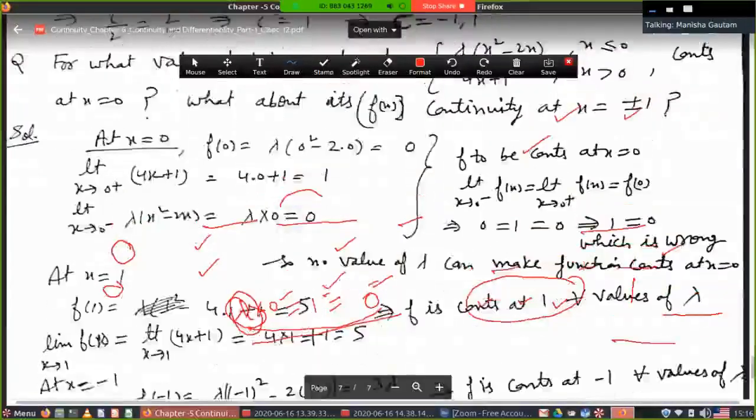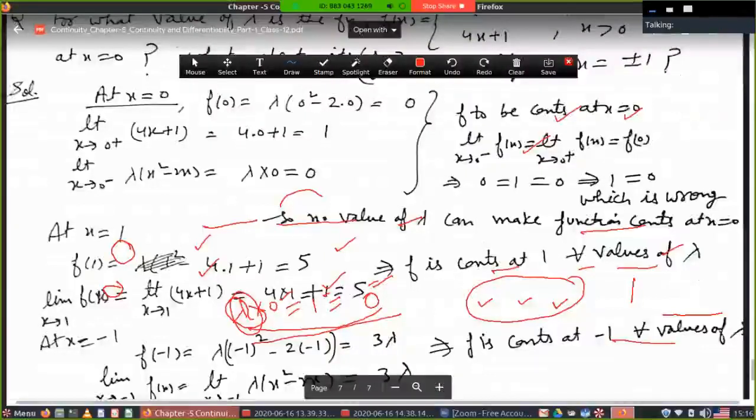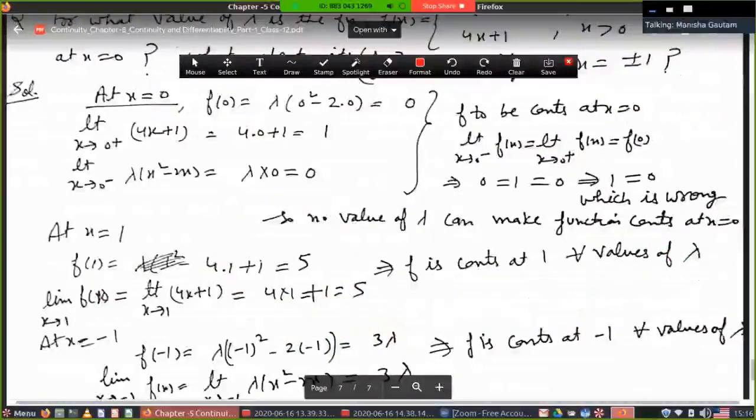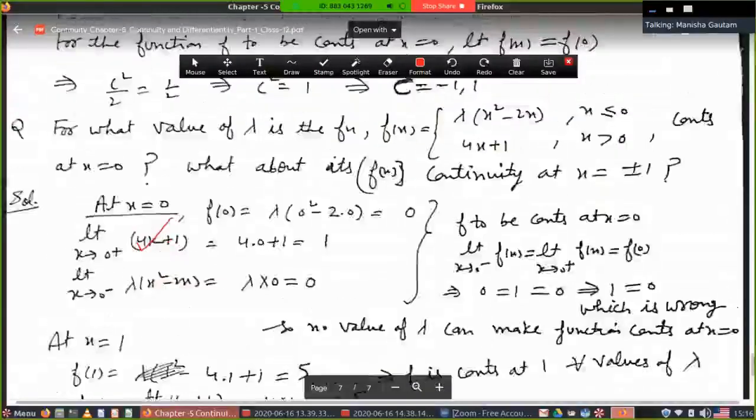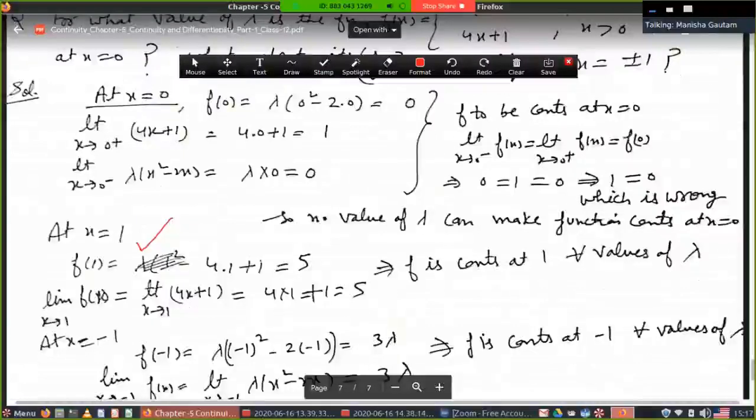Now you have to check the further case, at x equal to 1. When x is greater than 0, you have to take the function y equal to 4x plus 1. Then at x equal to 1, 4 into 1 plus 1 is equal to 5.